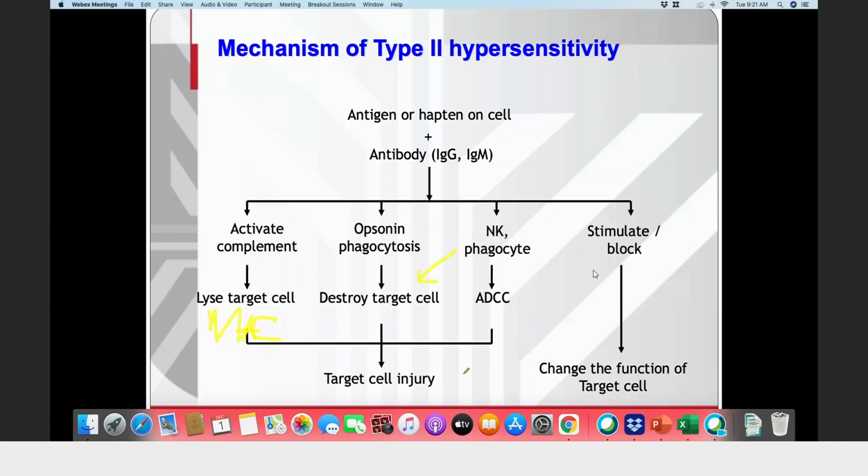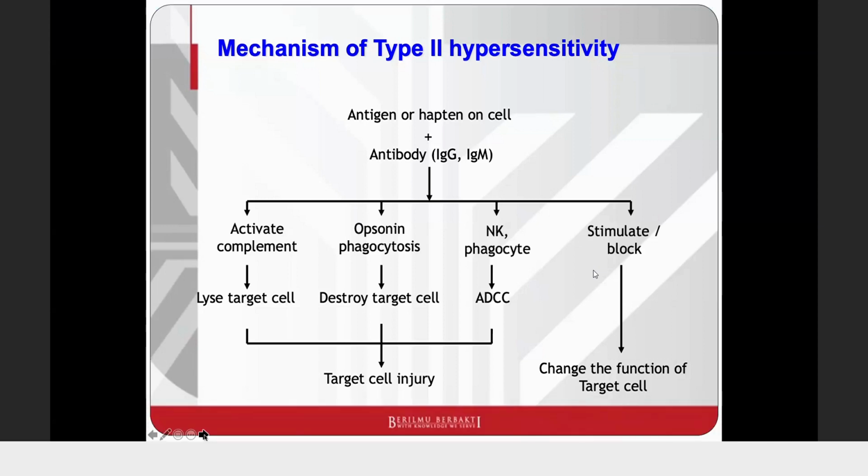So RBC will lyse, and then you will see the reactions in the individual. So when the RBC function is blocked, or because it is lysed, the RBC function is compromised. It will no longer carry oxygen and supply all the organs.